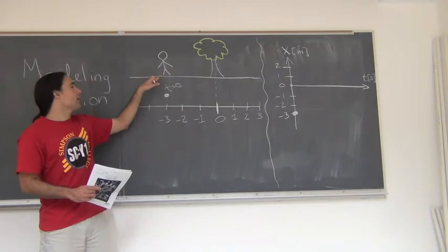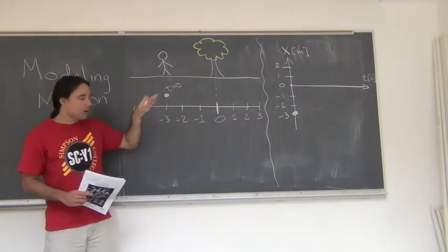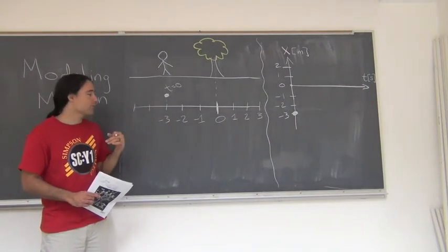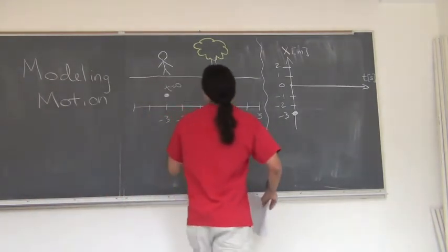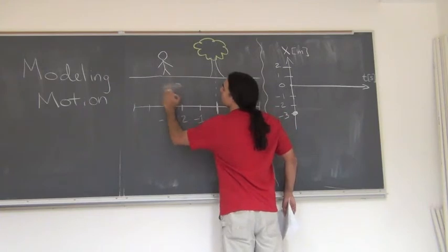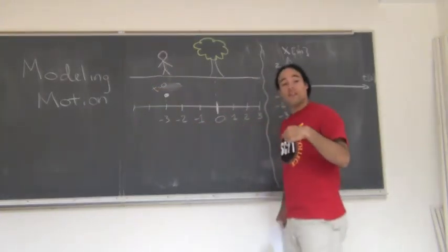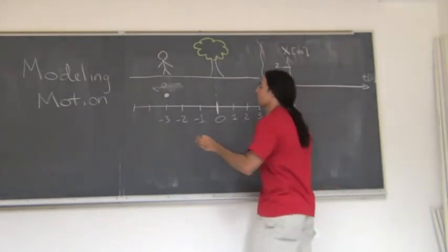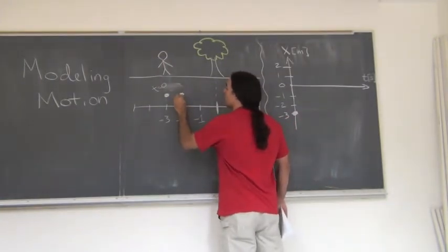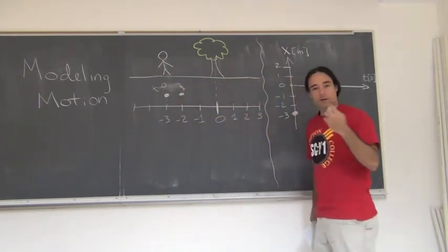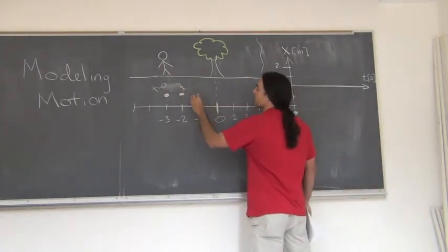So let's say initially at time 0, my person is at negative 3 meters, negative 3 meters away from the tree. But then, give myself a little more room here, they start walking towards the tree. So at t equals 1 second, they're 2 meters away from the tree.